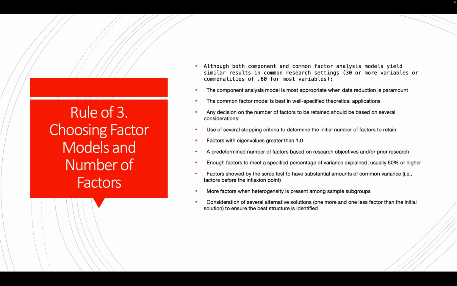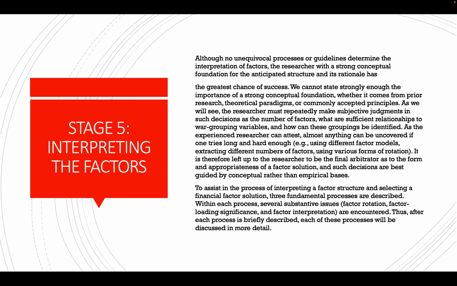Factors shown by the scree test to have substantial amounts of common variance, that is, factors before the inflection point. More factors when heterogeneity is present among sample subgroups. Consideration of several alternative solutions, one more and one less factor than the initial solution, to ensure the best structure is identified. Let's talk about Stage 5, interpreting the factors.